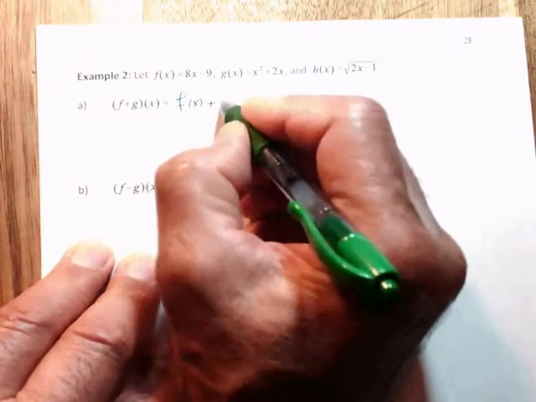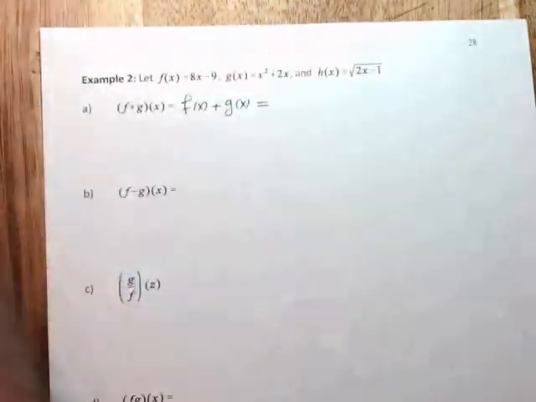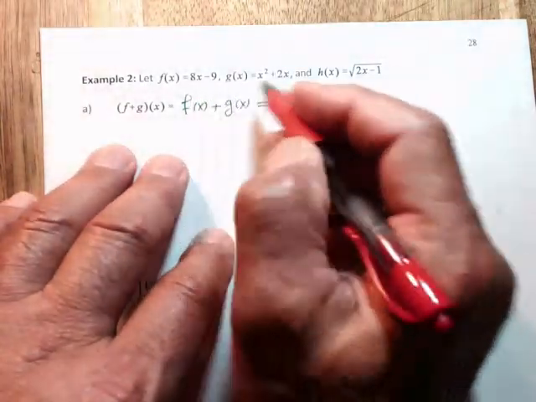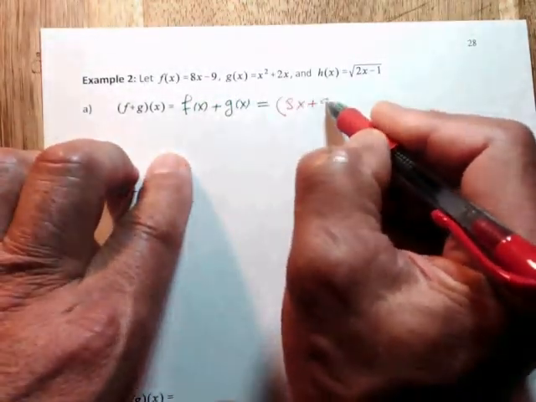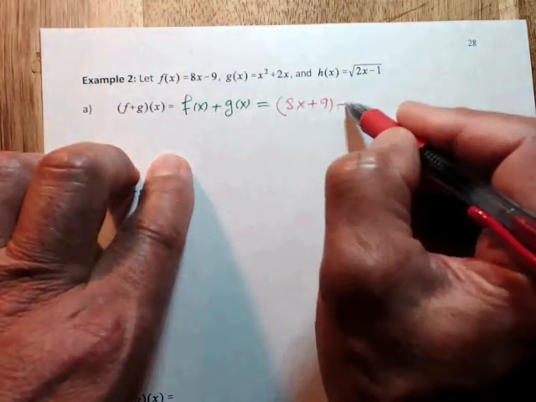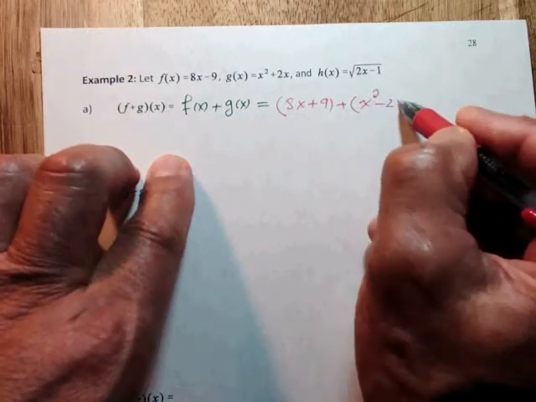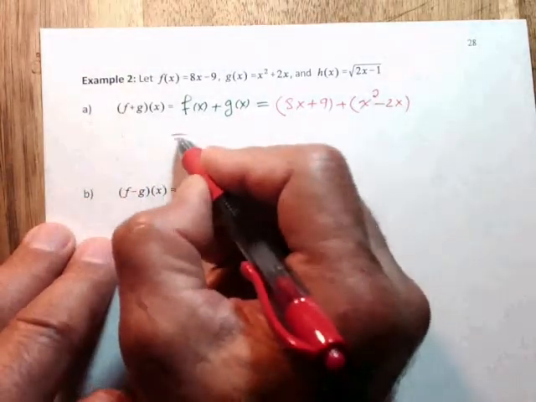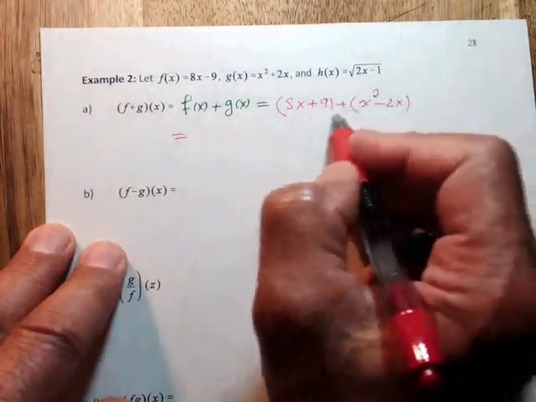So this is f of x plus g of x. f of x is 8x plus 9, then plus g of x. g of x is x squared minus 2x. Now this is an intermediate algebra class problem.